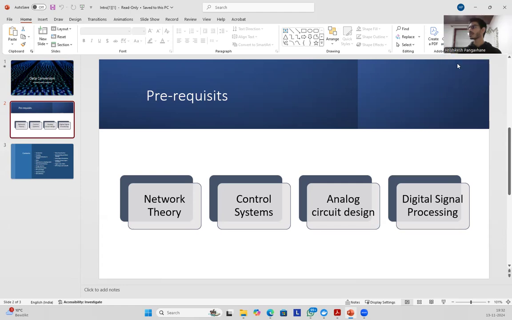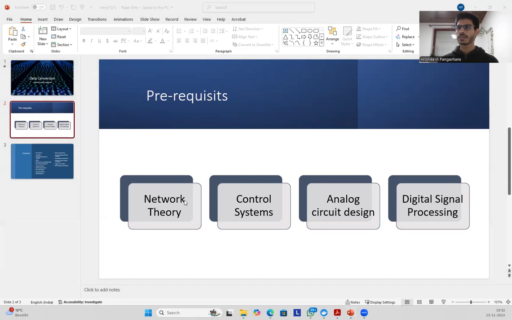The prerequisites are basically from all our bachelor courses. We have network theory; we will need a few concepts from network theory. We will need a few concepts from control systems.